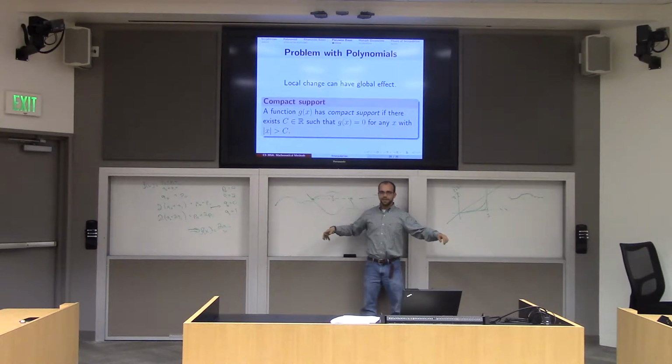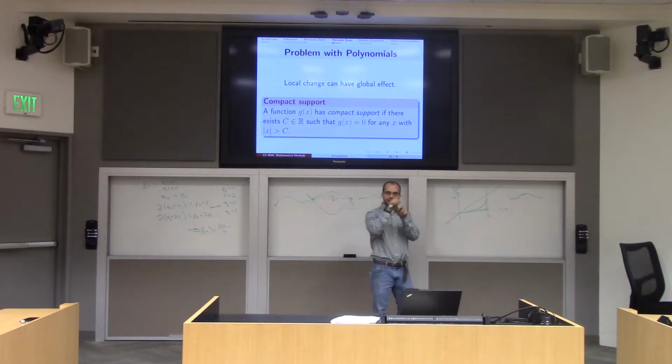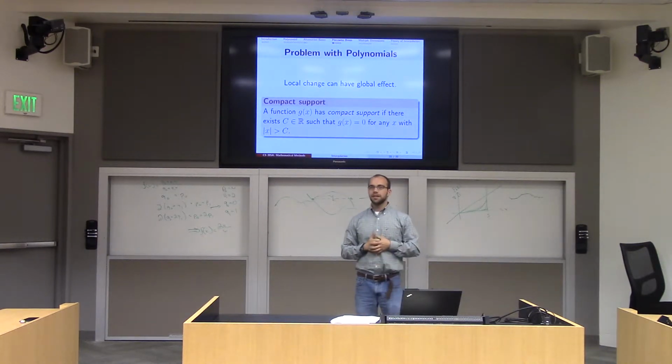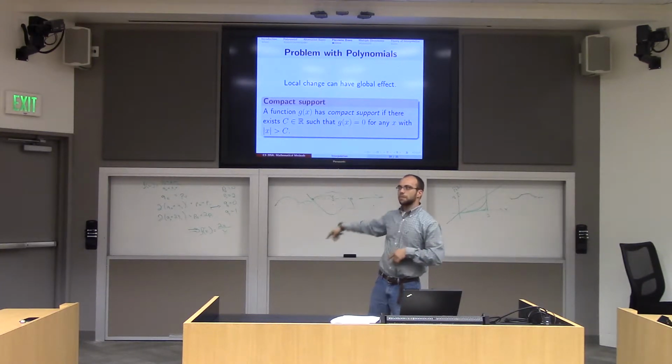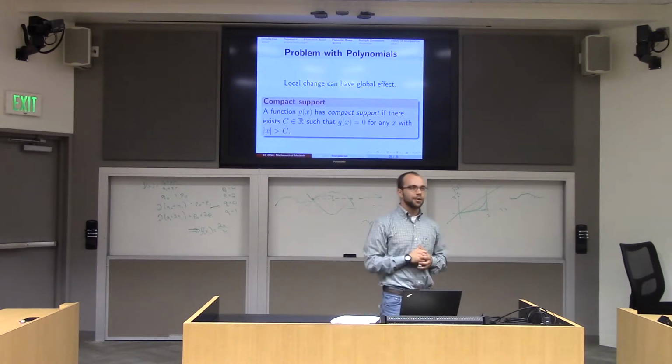In other words, there's some little set on the real numbers for which this thing has non-zero values, and everywhere else it is exactly 0. Do any polynomials other than 0 have compact support? No. They all go off to infinity and have these big numbers that are going crazy as I go far away.